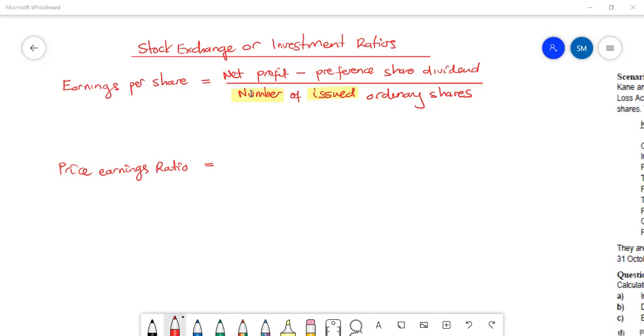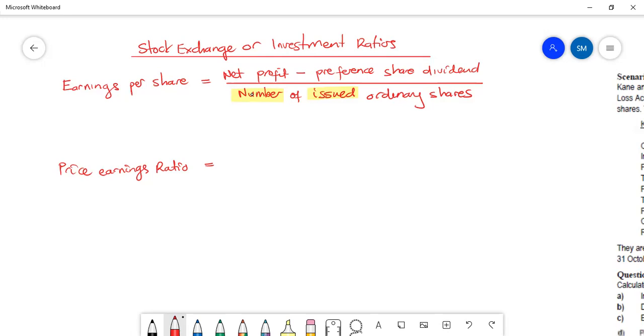When you look at your share price, the price of the share at the market currently, or the market price of the share, you divide that by your earnings per share to get your price earnings ratio. This figure is usually given.